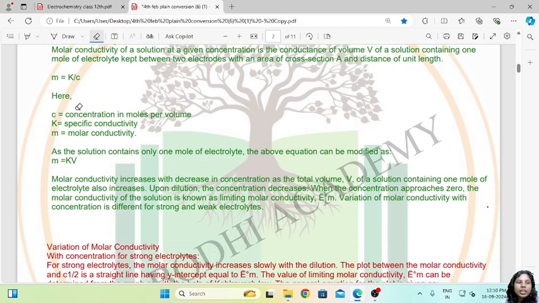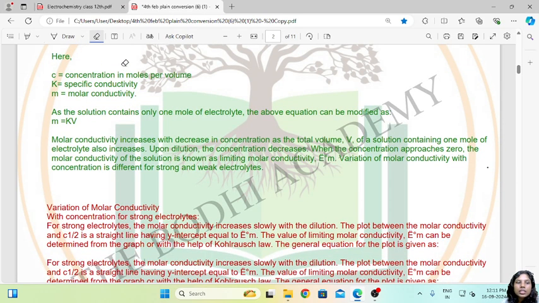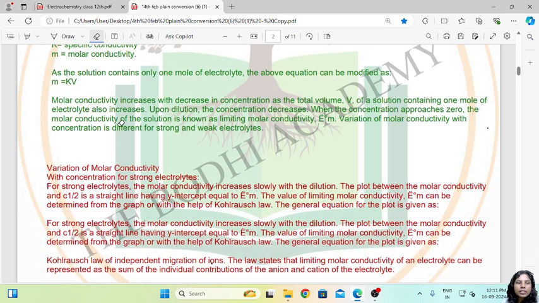Molar conductivity is given by K upon C, where K is the specific conductivity, C is the concentration in moles per volume, and M is the molar conductivity. As the solution contains 1 mole of electrolyte, the above equation can be written as M equals K into V. Molar conductivity increases with decrease in concentration as the total volume V of a solution that contains 1 mole of electrolyte also increases.